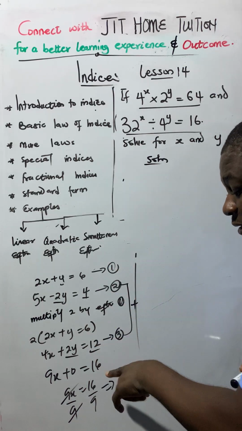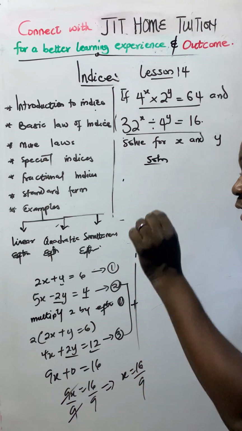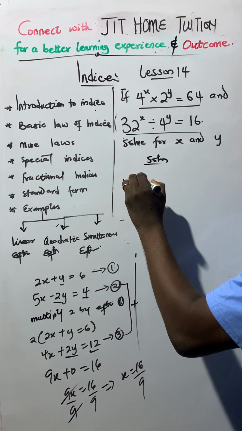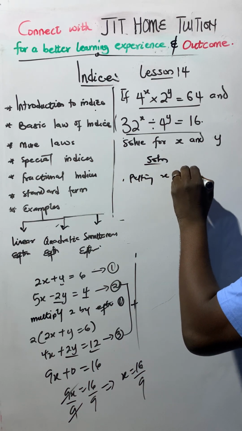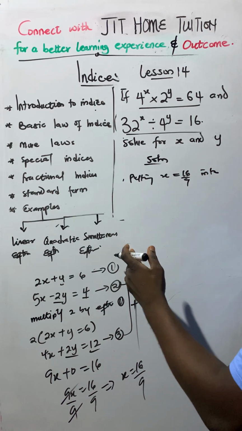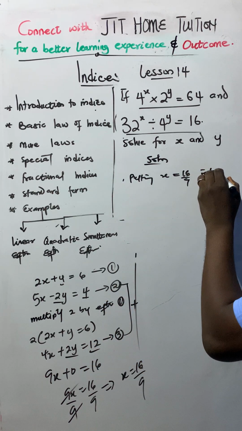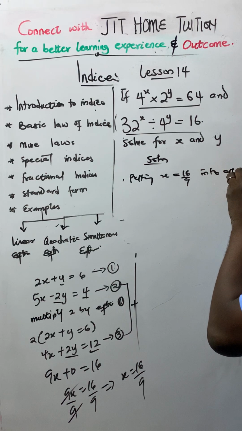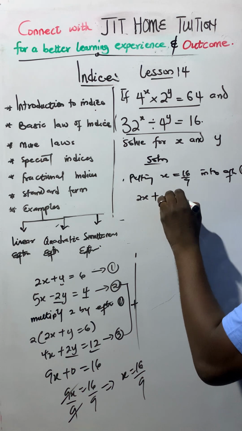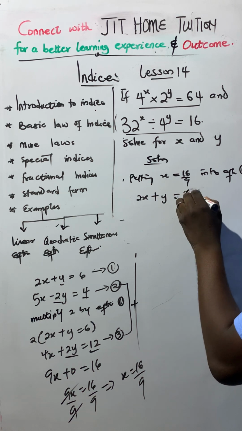Now, the next thing is that having found the value for x, you now write, putting x equal to 16 on 9 into, so you are the one supposed to decide equation 1, equation 2, or equation 3. So maybe equation, let's say 1, which is 2x plus y equal to 6.